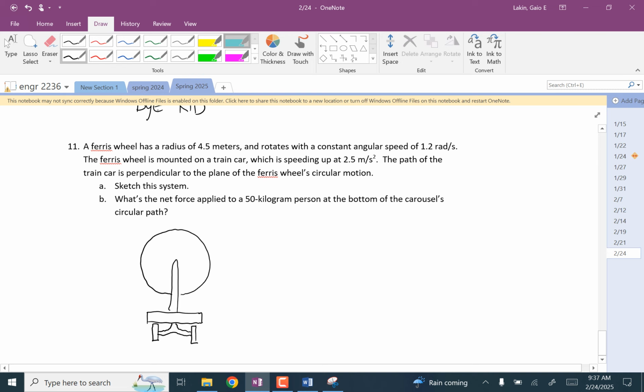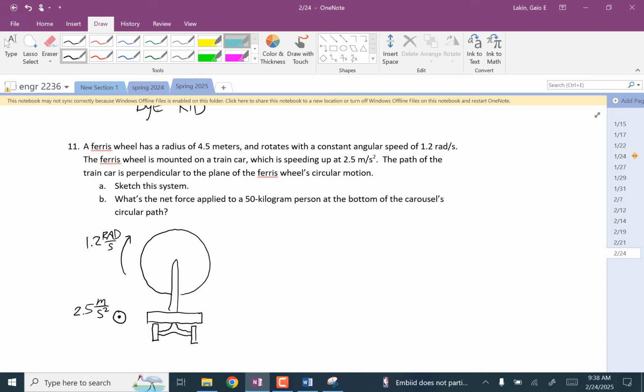And the Ferris wheel has a constant angular velocity, I'll say this way. And let's say that the train car is accelerating this way at 2.5 meters per second squared. What's the direction of the velocity vector of this thing, the way I have it drawn?